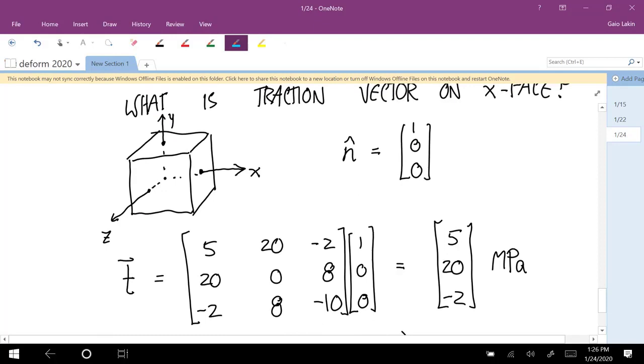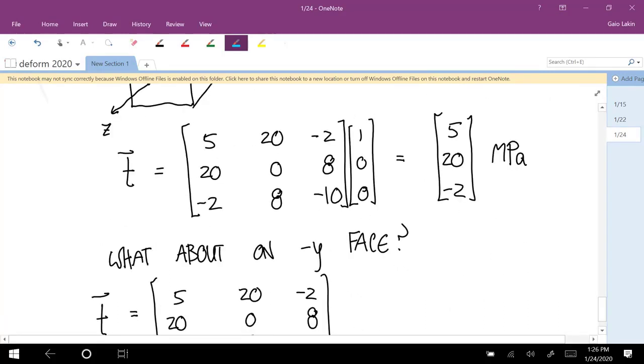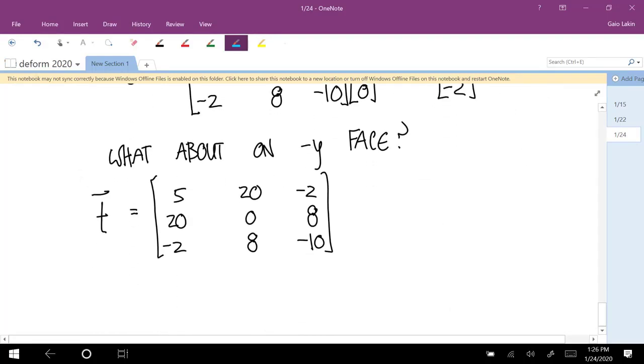The negative y face is the one that we can't see underneath. What's an outward facing unit normal for that face? Yeah, 0, negative 1, 0.